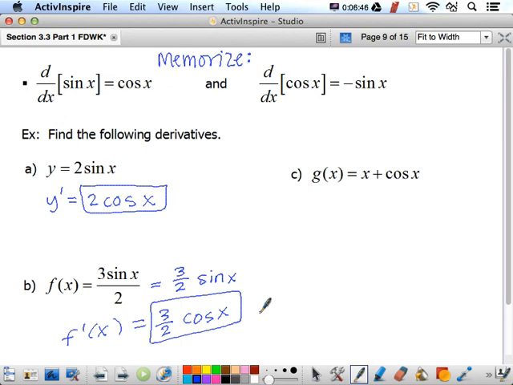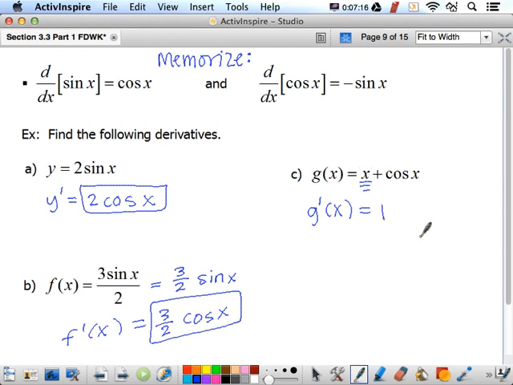So now we're allowed to take derivatives of things that are strings of terms added and subtracted, but also include trig functions. So let's look at part C, which says g of x is equal to x plus cosine x. If we take the derivative, we're going to do one term at a time. What's the derivative of x? 1.